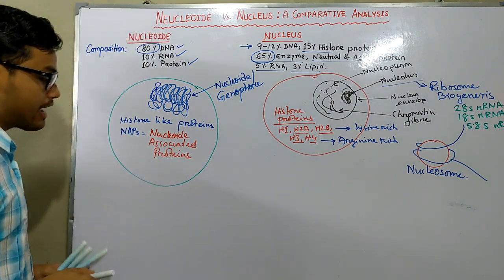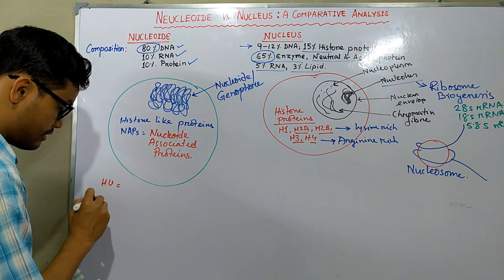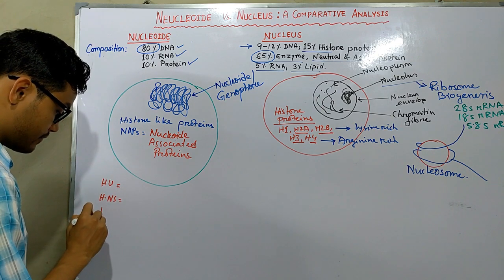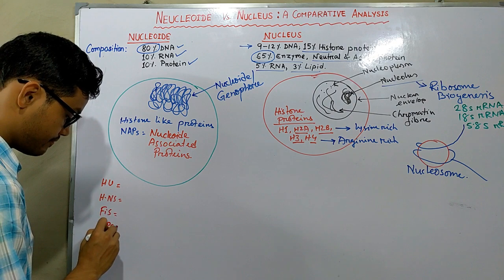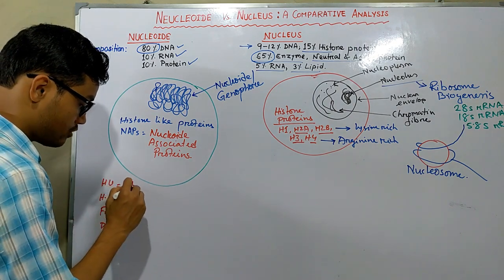Some examples of NAPs are HU, HNS, FIS and DPS. The full form of HU stands for histone-like protein.